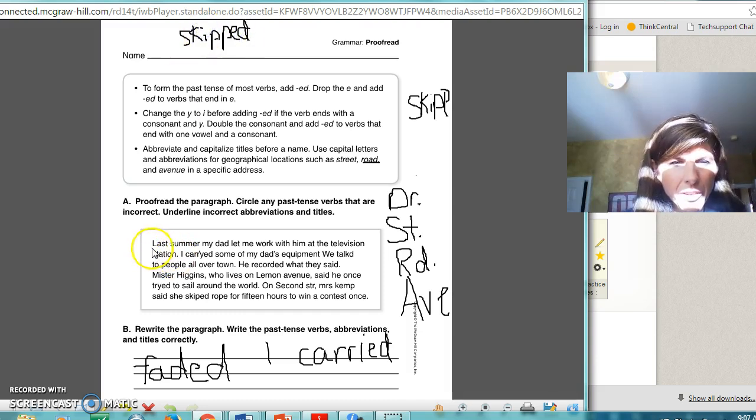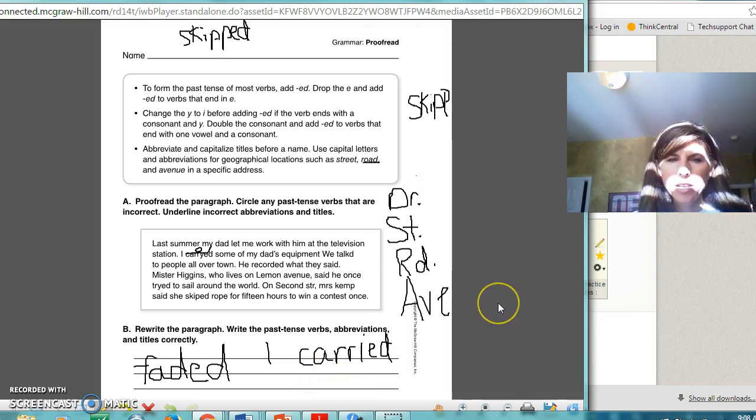So on your paragraph, you can go ahead and fix those mistakes in here. You don't have to rewrite that paragraph if you want. You would just cross it out. Basically, an editing mark goes like that, and you can write it above or below. If you don't have enough space, then you can just write the word down here. Again, you don't have to write the whole paragraph, just to give you a little bit of a break.